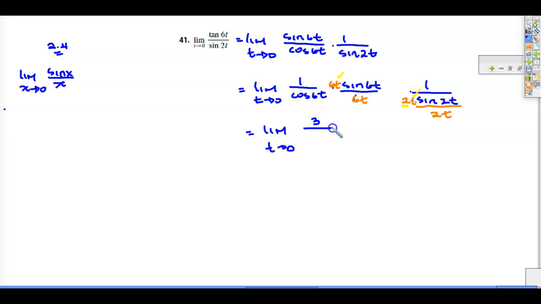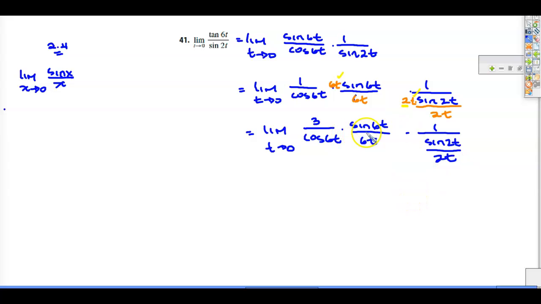I'm just going to write this 3 over the cosine of 6t. And then we said the t's cancel. So this is going to be the sine of 6t over 6t. And then times 1. We said the 2 and the t cancel. So this is a sine 2t all over 2t.